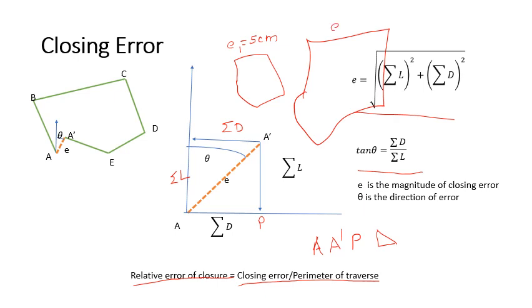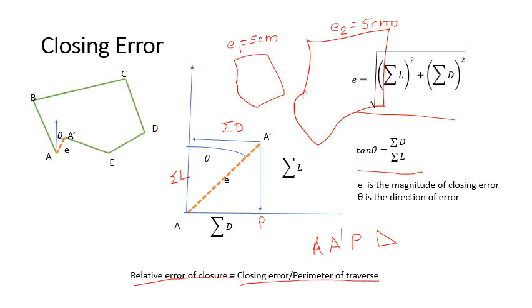For this plot also, the closing error is only 5 centimeter. So you are claiming that you have done it very nicely with a small error of 5 centimeter. But the perimeters of the plots are different for the two cases, and still you have the same closing error, 5 centimeter.